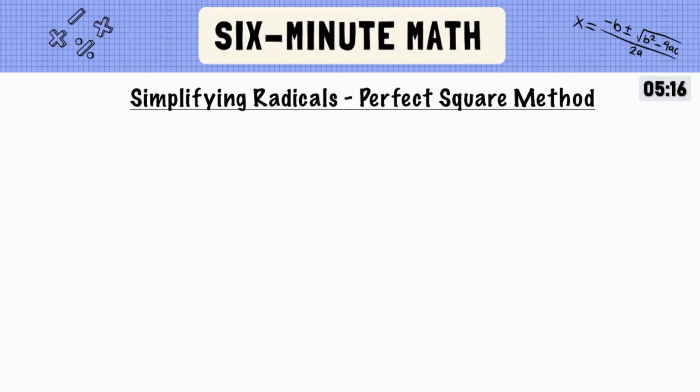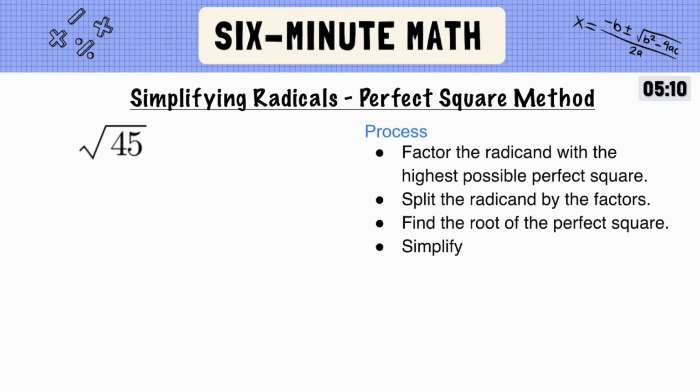So let's check out an example here. We're going to simplify root 45. So I have my process, and we're going to factor that radicand with the highest possible perfect squares. I have my factor u here, and I do a quick check, and I find my highest, and in this case only perfect square is 9.